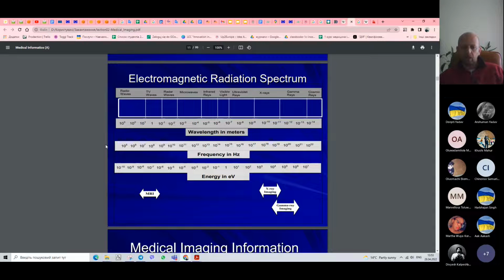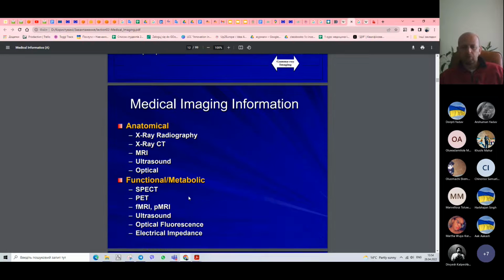For example, waves for MRI we use from about 10 to 10 to the minus 1 frequency. X-ray also has only a small range which is used. Another range we don't know what is there, not usable for people now.